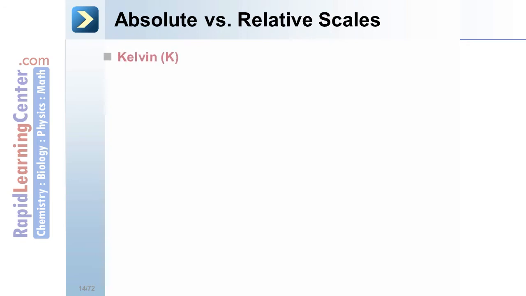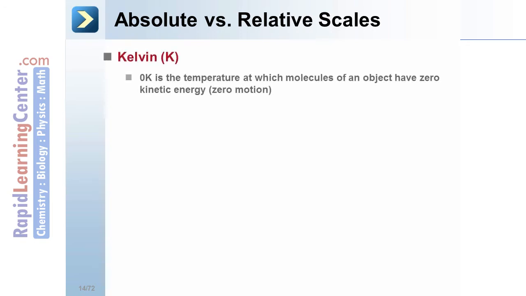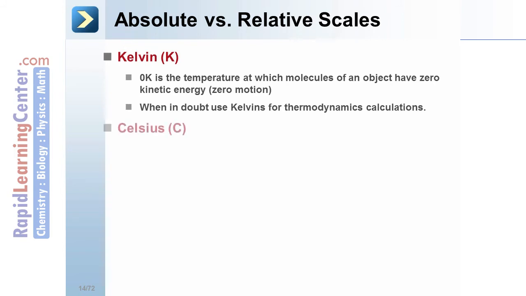Absolute versus relative scales. For kelvins, 0 Kelvin is the temperature at which molecules of an object have no kinetic energy. This is the absolute rock bottom. When in doubt, for thermodynamics and gas calculations, use kelvins. For the Celsius scale, water freezes at 0 Celsius and boils at 100 Celsius. Nice, neat, round numbers.